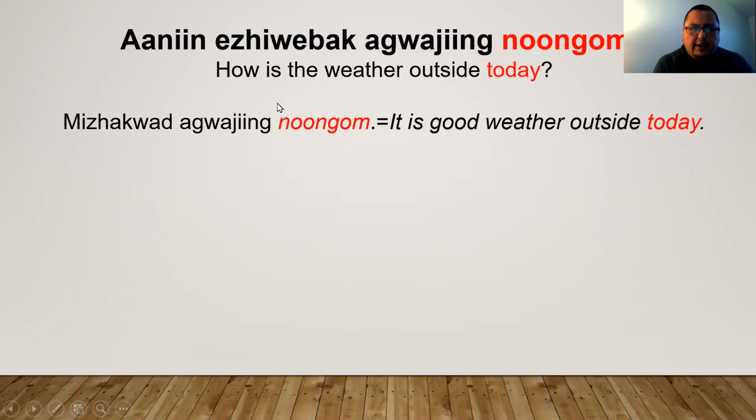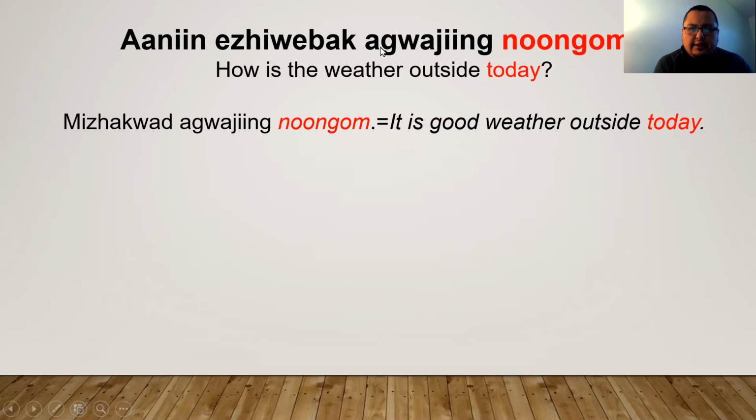One thing I want to note, you can add this agwajiing in there if you would like. It's up to you. It does not necessarily need to be in there from my point of view, because you can have weather happening inside. It can't rain inside, it can't snow inside.